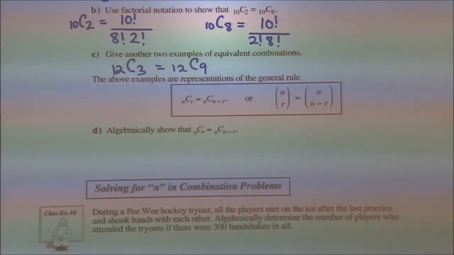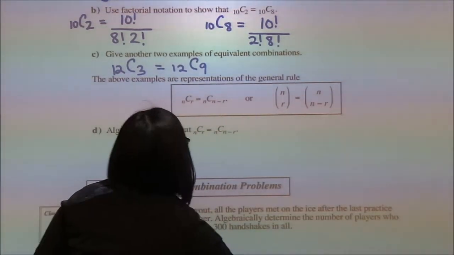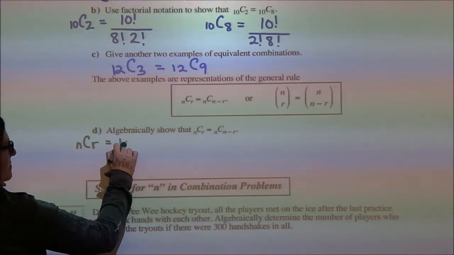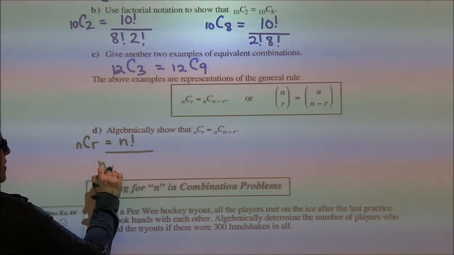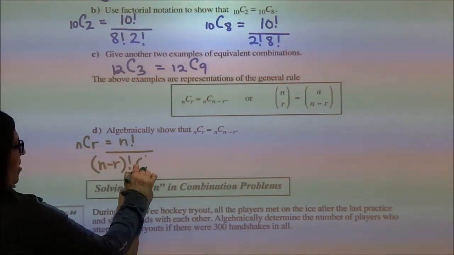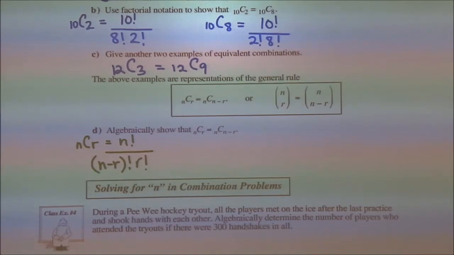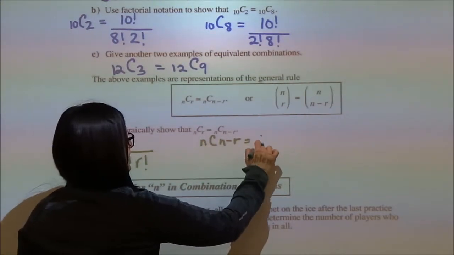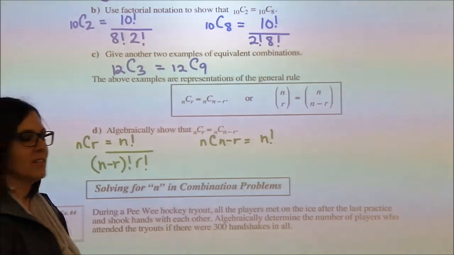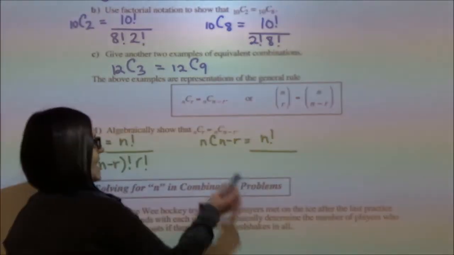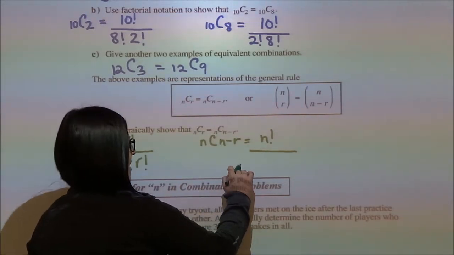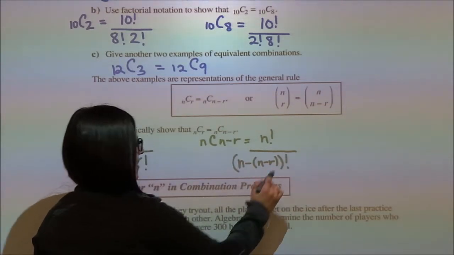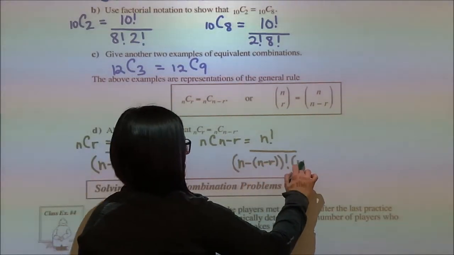Okay, so nCr is n factorial over n minus r factorial times r factorial. The nC(n minus r) is n factorial over n minus (n minus r) factorial times (n minus r) factorial.